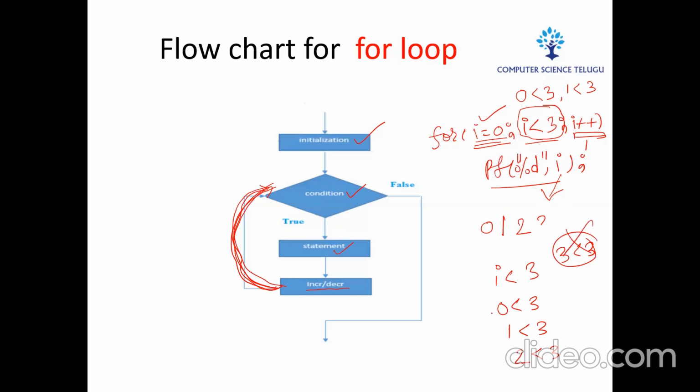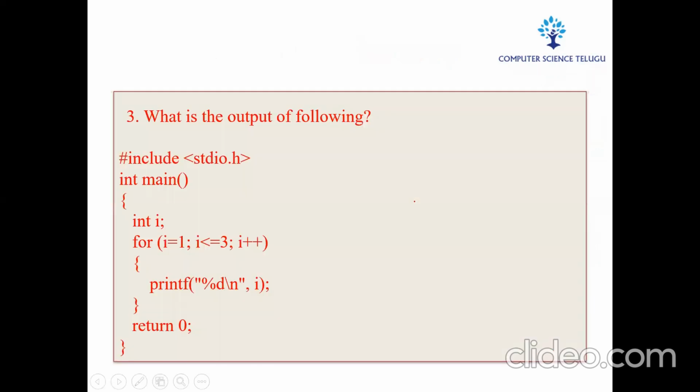So it will print the values 0, 1, 2. This is about the for loop. I hope this is clear for everyone. Remember, the important thing is the syntax: initialization, condition, and increment or decrement.